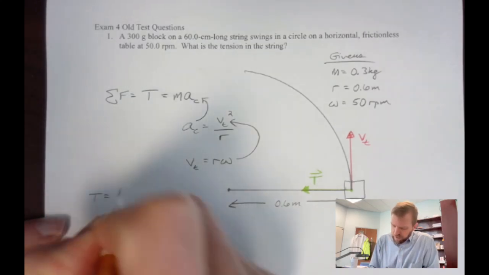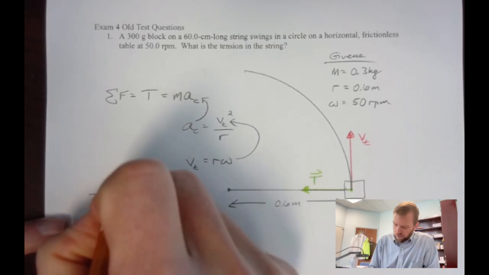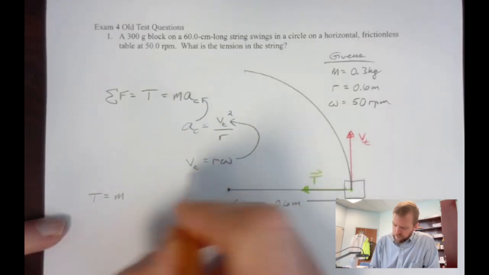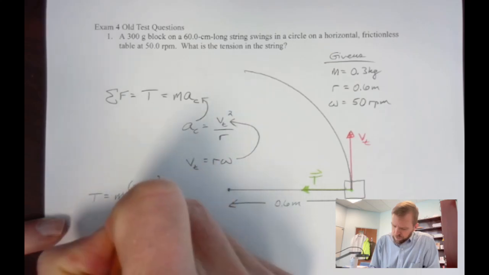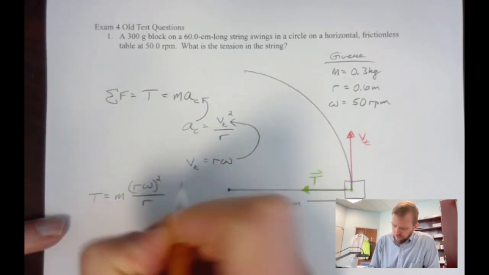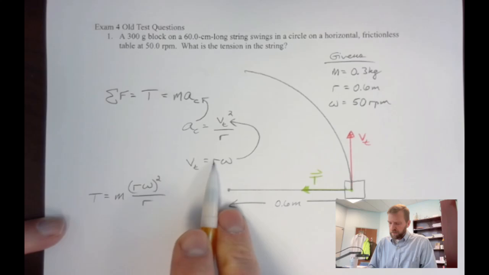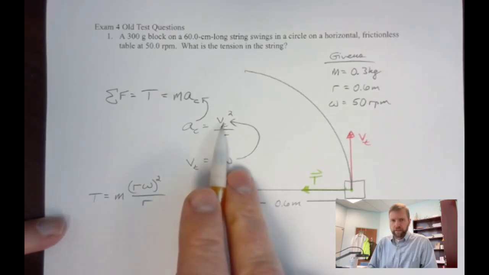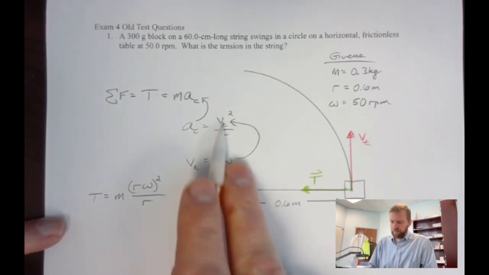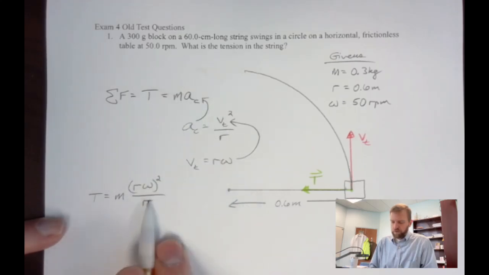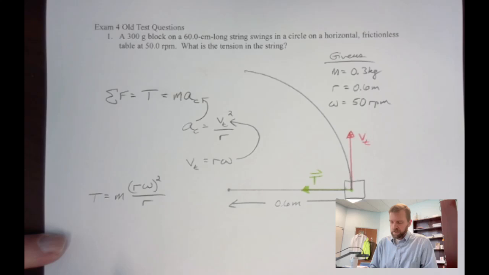So tension equals m times (R omega) quantity squared, over R. R omega is going in for Vt, so that's (R omega) squared, and then Vt squared over R is going in for centripetal acceleration.